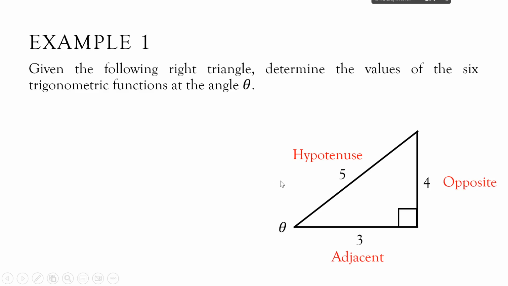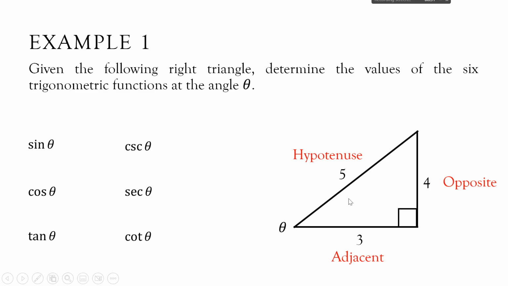So I labeled my opposite, adjacent, and hypotenuse. After I labeled my triangle, I now have enough to find my 6 trig functions. It's important for us to remember which one is opposite, adjacent, or hypotenuse. Let's start with sine. If you remember from the previous slide, sine is opposite over hypotenuse.